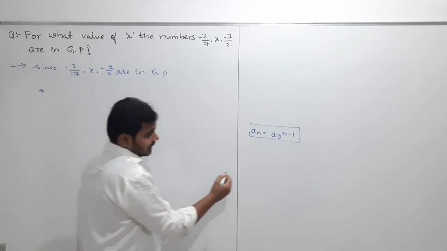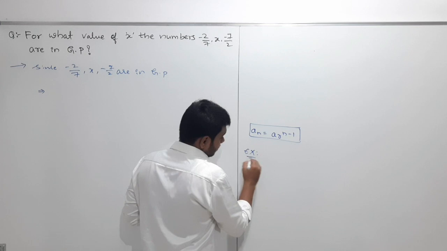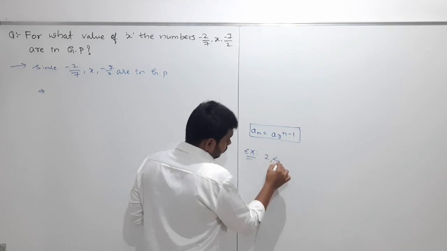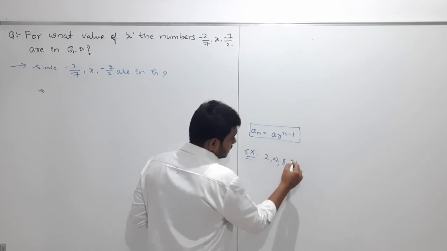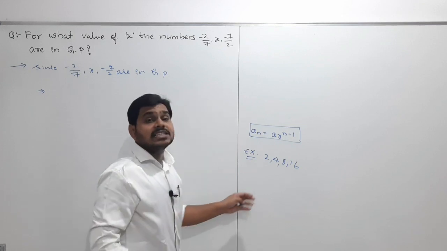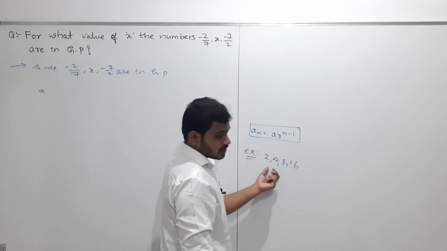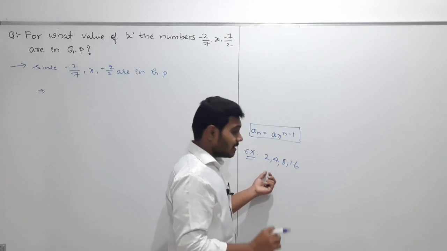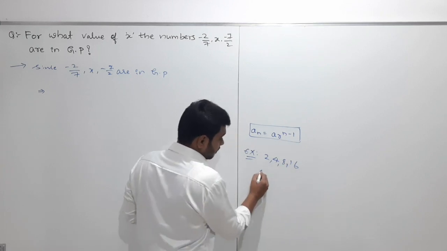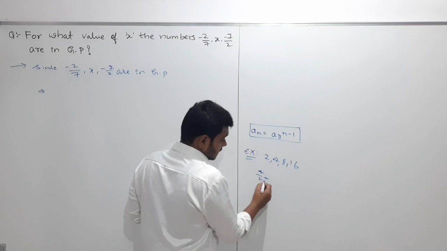So GP means what? For example, I took 2, 4, 8, 16. This is in the form of a GP. The common ratio between any two terms should be the same throughout the sequence. Say 4 divided by 2: the ratio is 2.